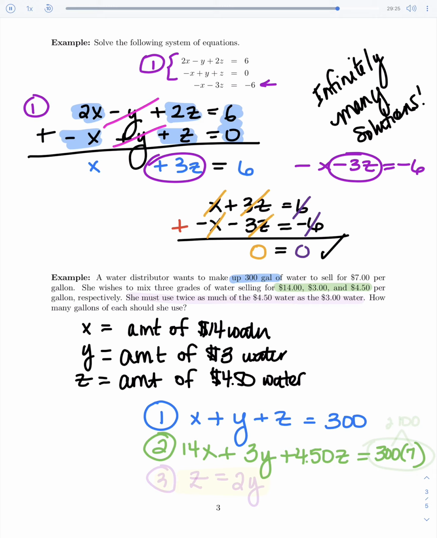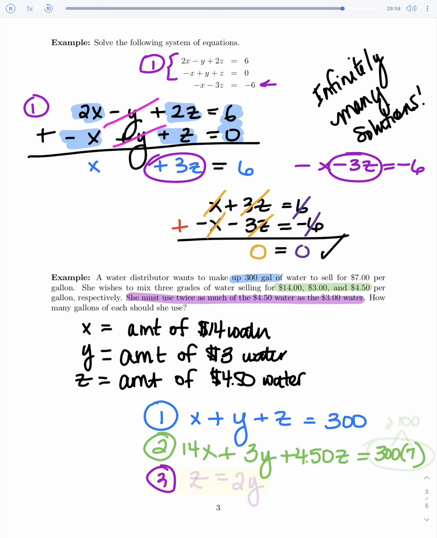Our last equation has to come from this last sentence, which says that we're going to use twice as much of the $4.50 water as the $3 water. Well, the $3 water is Y, and we're going to use twice as much of the $4.50 water. So, how do we translate that?